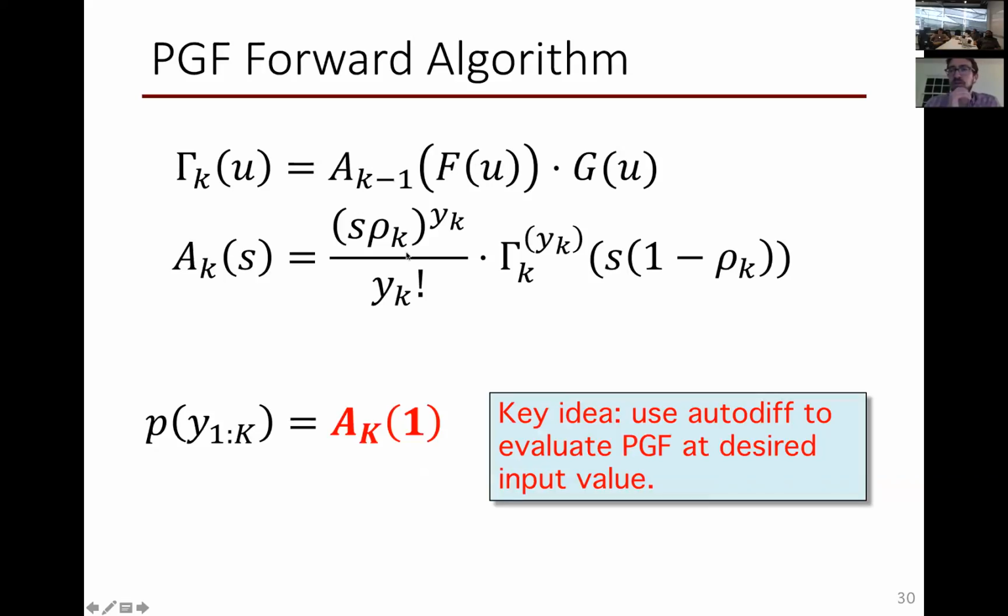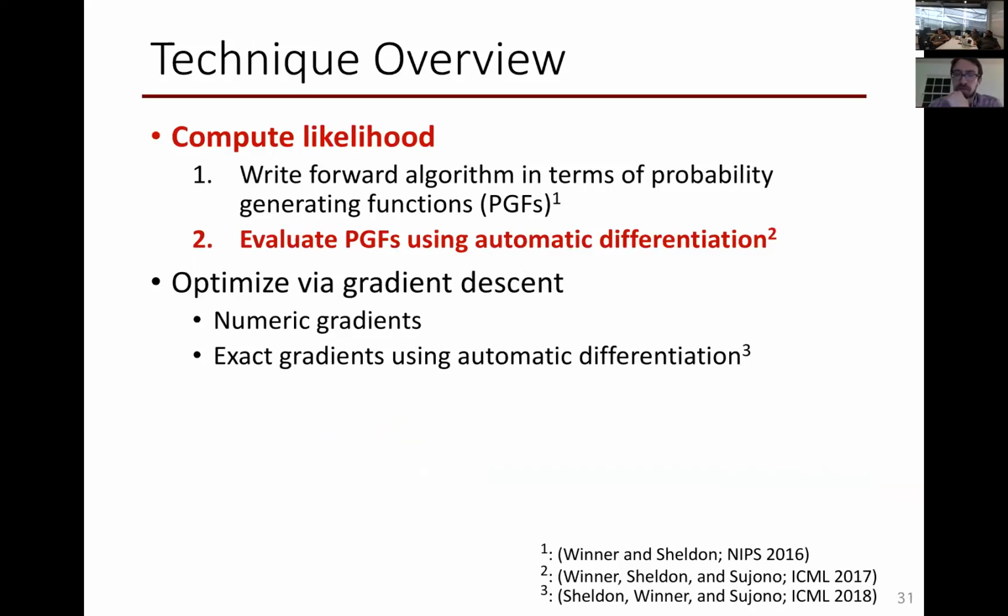But in the end, we're only evaluating each of these PGFs at a single value, and maybe their derivatives at a single value. And this is pretty much exactly what forward mode Autodiff is set up to do. So this was the next branch that we went down, and it turned out to be super successful. So let's dig into that.